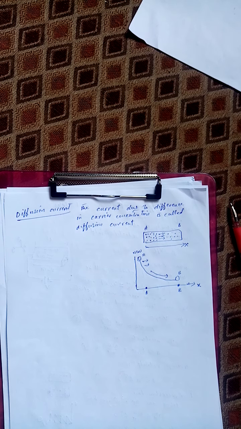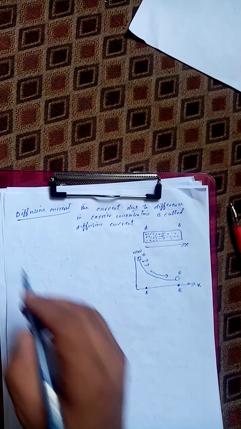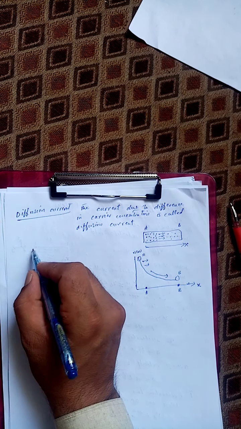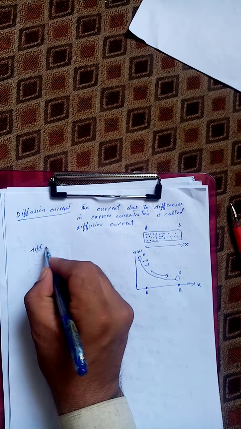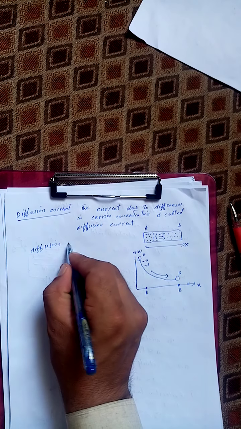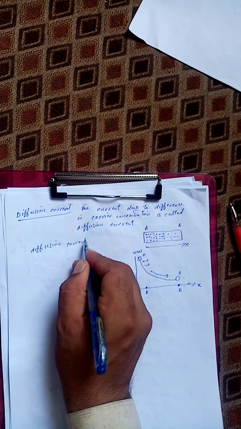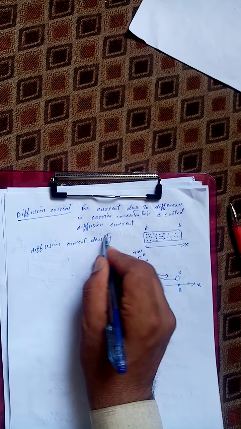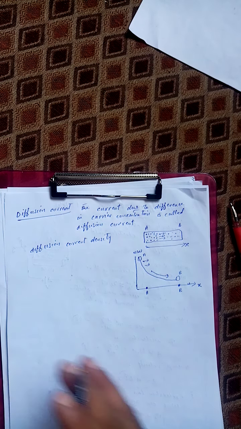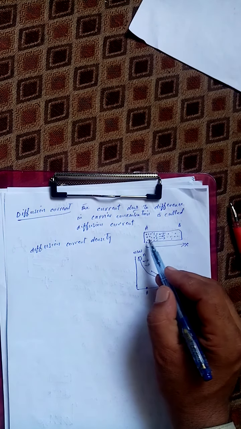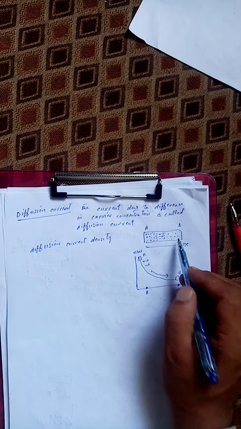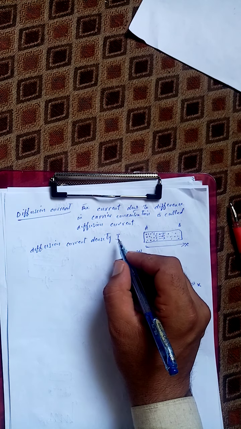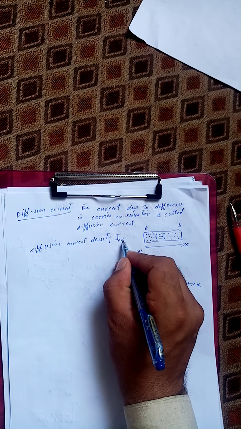Since electrons are moving, there is a current called diffusion current density, the current density due to diffusion of electrons. Because there is no electric field, the current is only due to diffusion of electrons. Electrons diffuse from higher concentration to lower concentration, which is denoted by Jn diffusion.